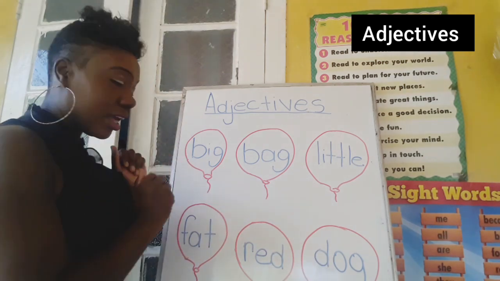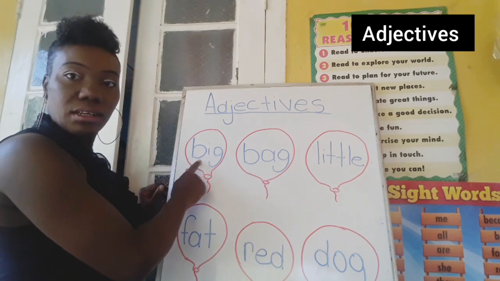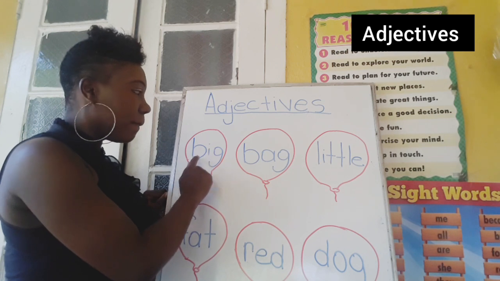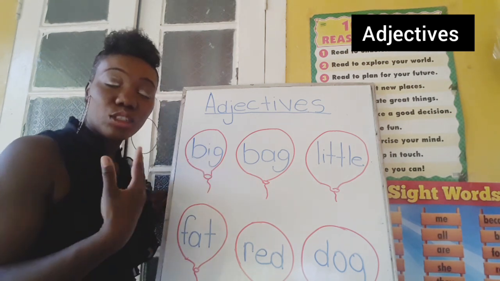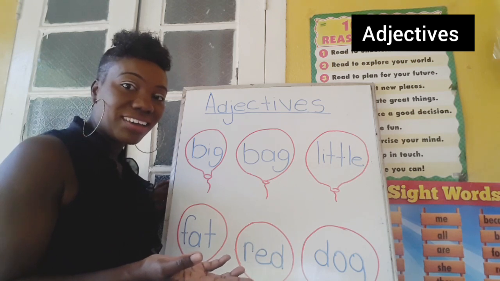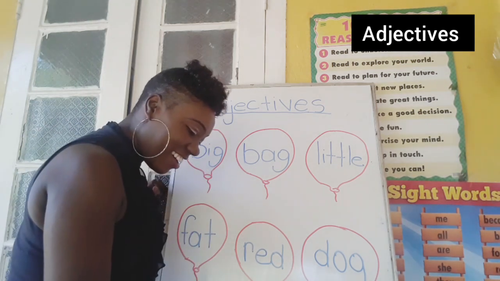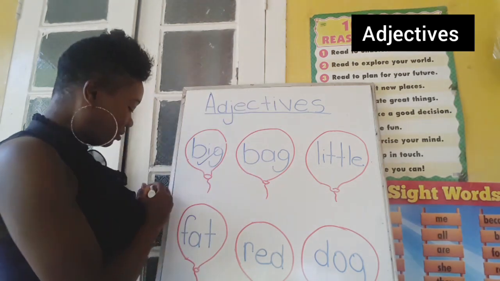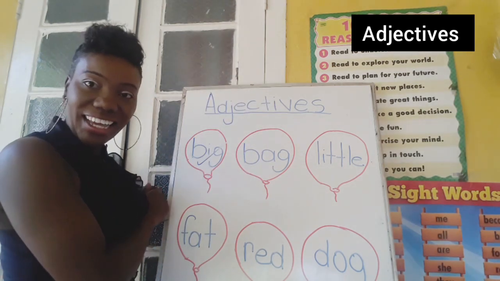Ready? Now what word is this? Big. Now is big an adjective? Can big tell you how something looks? Yeah, very good. So big is an adjective. Tick it. Ready again?